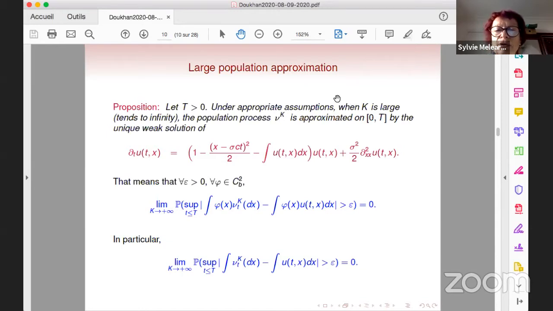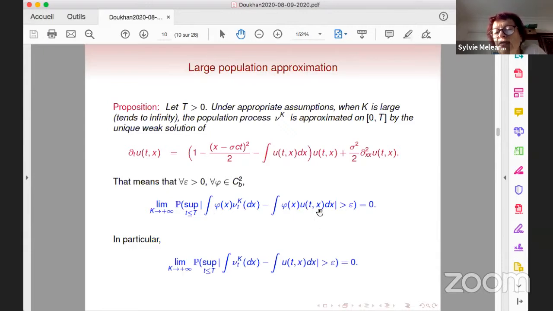Okay. And what does it mean that we have this approximation? That means that we don't forget that the process we introduced is a measure valued process. That means that if you consider the integral of a certain test function phi with respect to this stochastic measure nu k, minus the integral of phi with respect to u(t,x), the solution of this PDE, then it goes to zero in probability when k tends to infinity, uniformly in time.